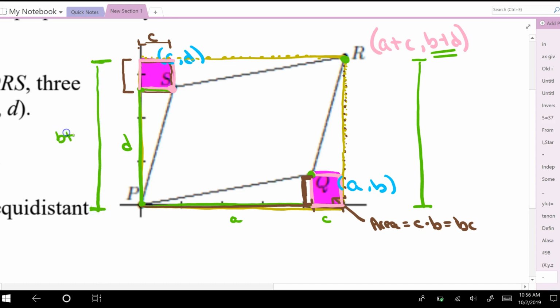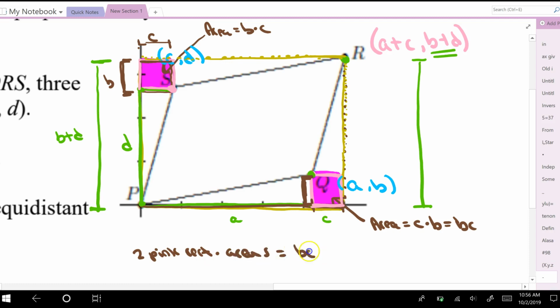This is B plus D. That means this distance here is just B. So the area of this pink rectangle, that area is B times C. Okay, so let's go down here and make a little note to myself. The two pink rectangles' areas are BC plus BC, or just 2BC.